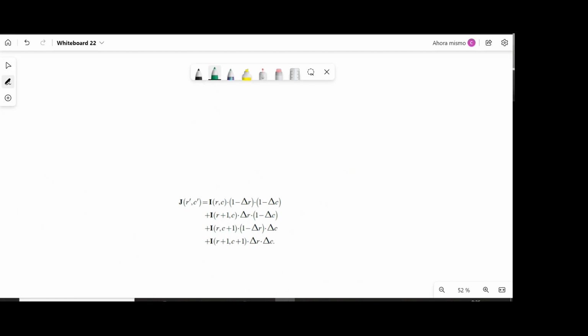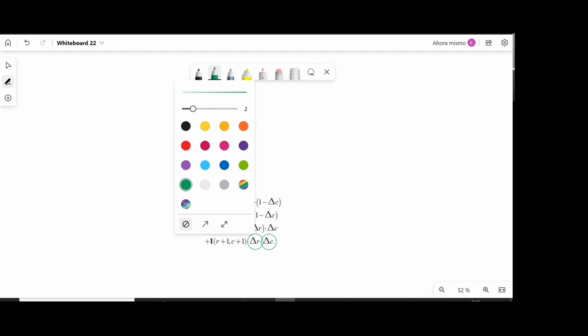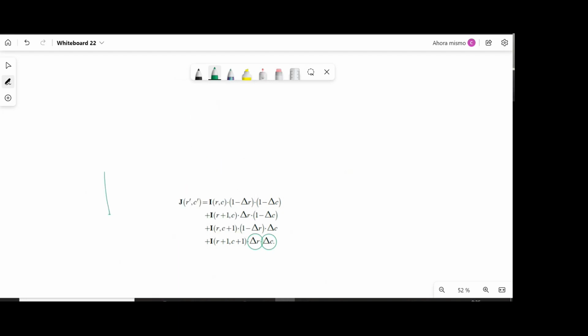So my coordinates are these two. So are delta C. So these are my x and y. When I was doing before this presentation, when I was saying this is x, this is y. Now x and y are represented by delta C, delta R. Okay, and then I have the intensity.